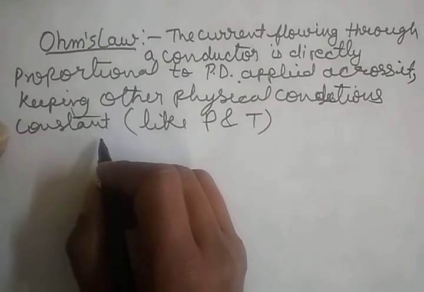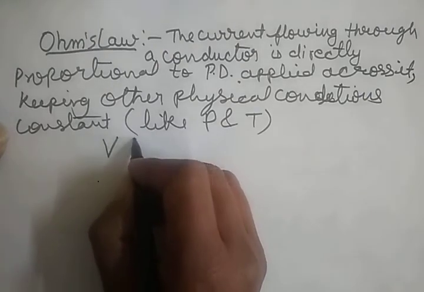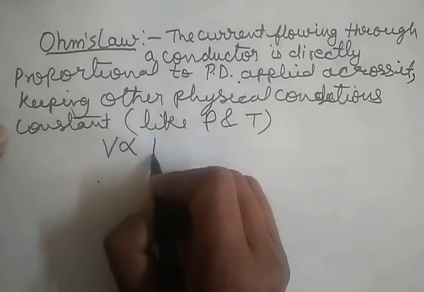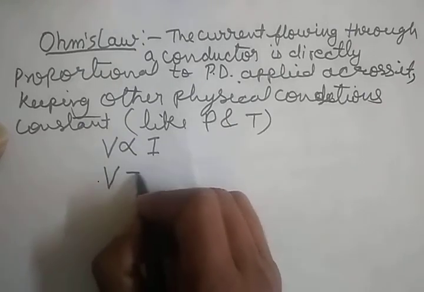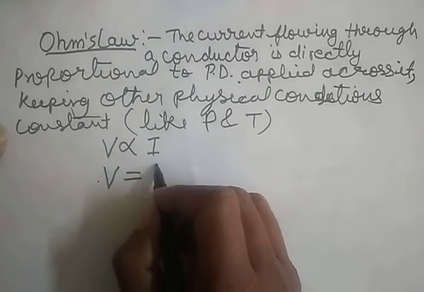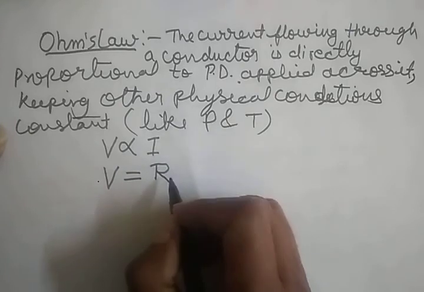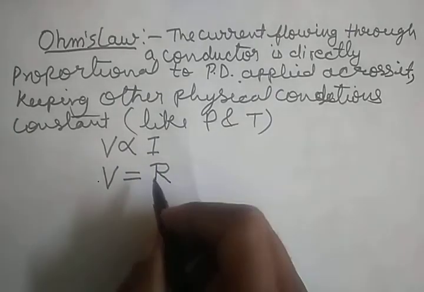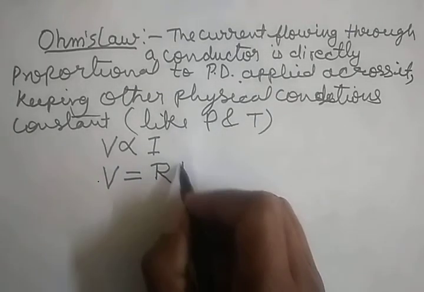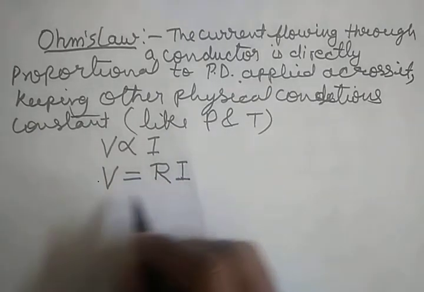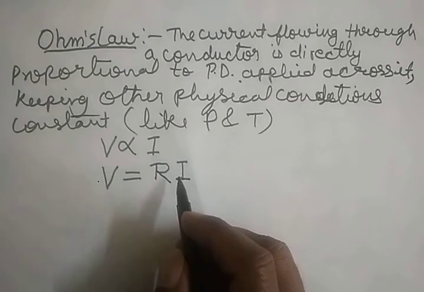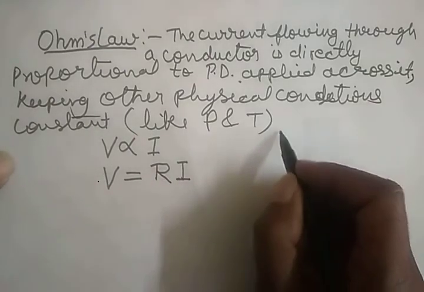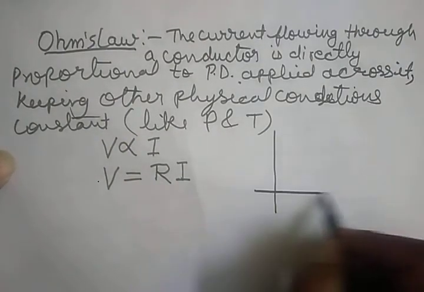to potential difference. I will write it in reverse order: V proportional to I, and when we remove this proportionality sign, we put a constant. Here that constant is, it is not any constant, this constant is resistance. So this is the entire formula for that, and we need to draw a graph accordingly.